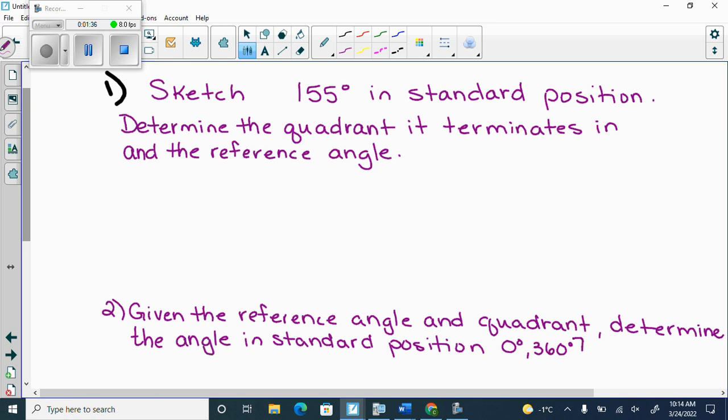So basically, just on the Cartesian plane you've been taught, right?